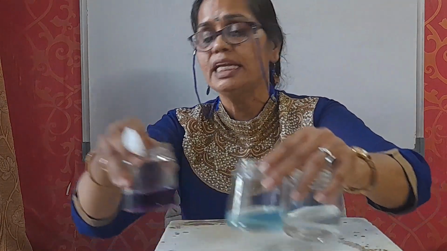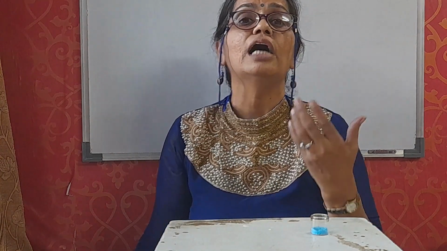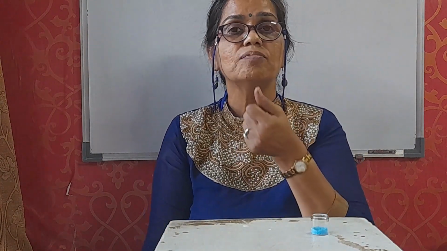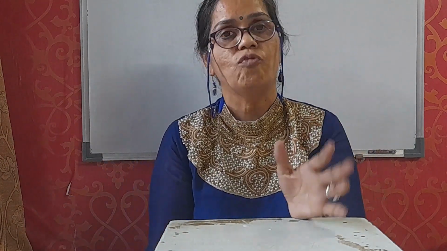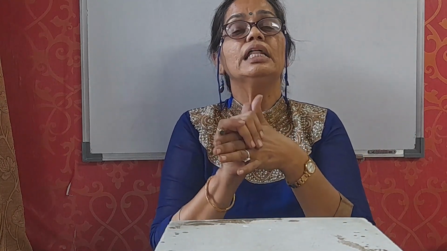There are many liquid things, they are also soluble in water, like your carbonated drinks, Thums Up, Pepsi. So that are also soluble in water. Some liquid substances like oil, petrol, diesel, they all are insoluble in water. See, I will show you.